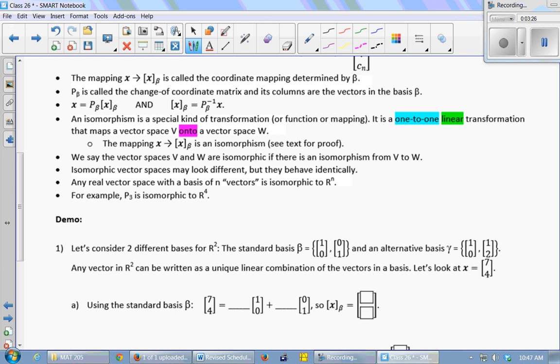Its columns are just the vectors in the basis beta, so it's not hard to build: just take the basis vectors, put them in a matrix, and you have the change of coordinate matrix. If you multiply the coordinates by the change of coordinate matrix, you get the original x back from the original vector space where it lived. And if you multiply x by the inverse of the change of coordinate matrix, you get the coordinates.